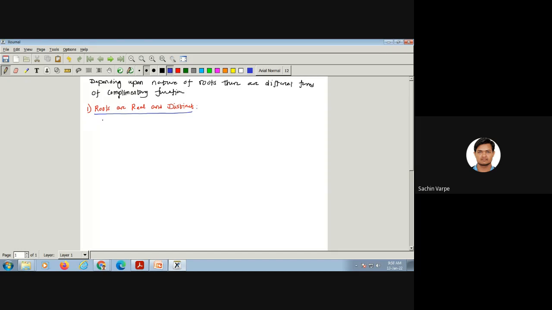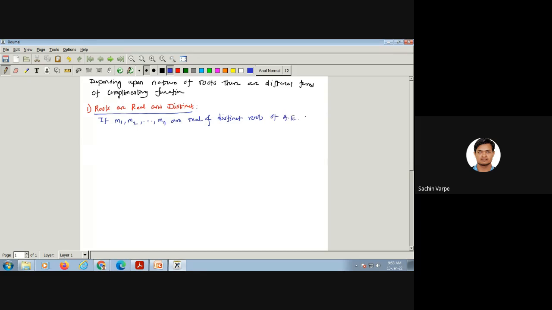Suppose m1, m2, and so on mn are real and distinct roots of the auxiliary equation.